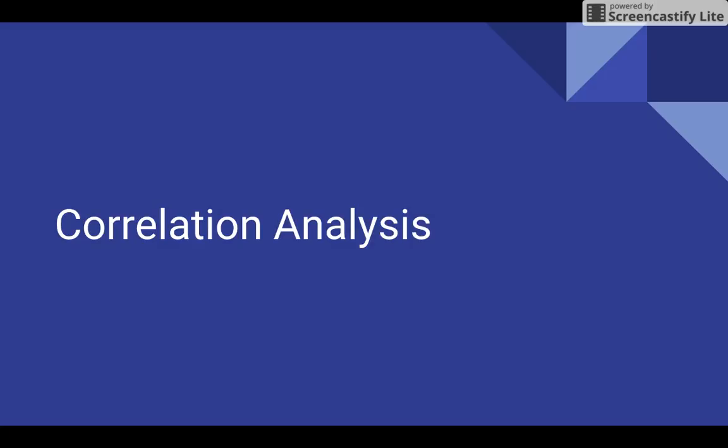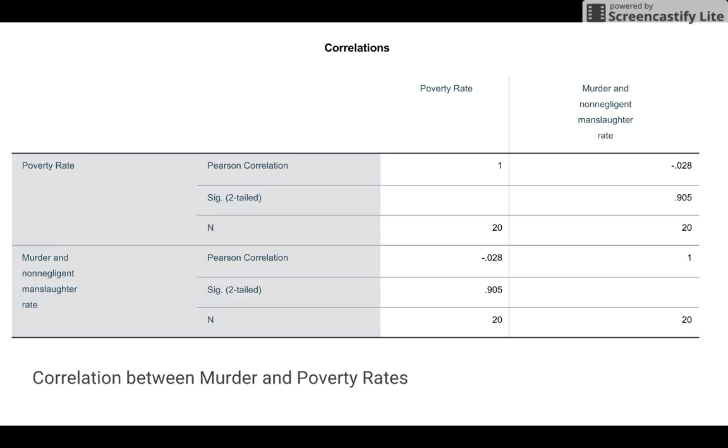The next thing I want to talk about is correlation analysis, the correlation between the crime rates and the poverty rates. The first one here is the poverty rate and the murder rate. Right here, the number 0.905 is the p-value.